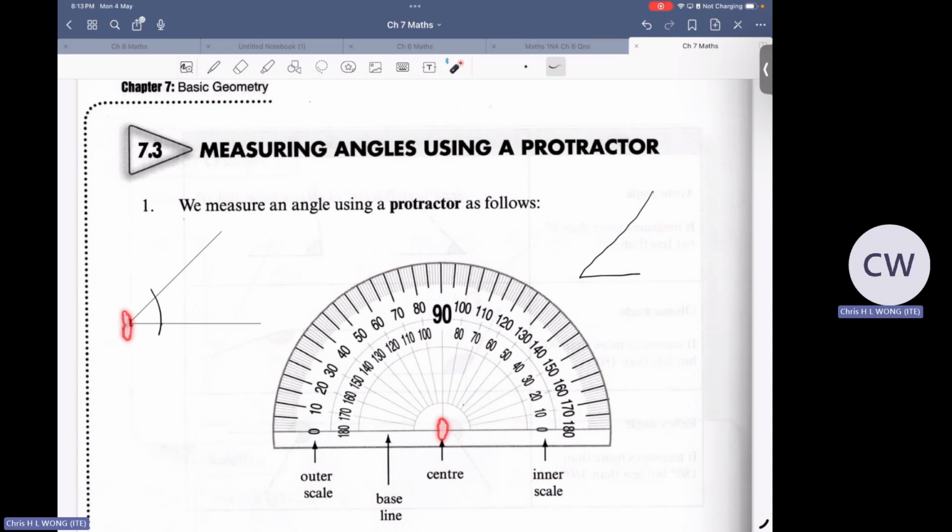You can see that the scale starts from 0, 10, 20, 30, 40, until the straight line 90. Or it can also start from the other side. Why is it two sides? Because I can draw in any direction. I can ask you to calculate here, or I can also ask you to calculate here, the other way around. So that's why they have two sides. So far, so good.